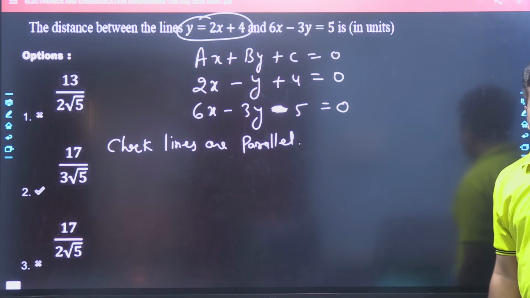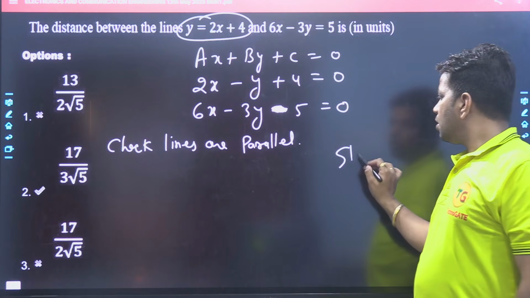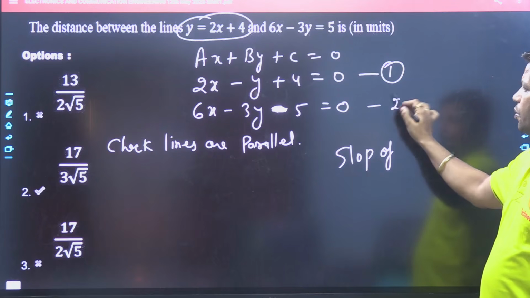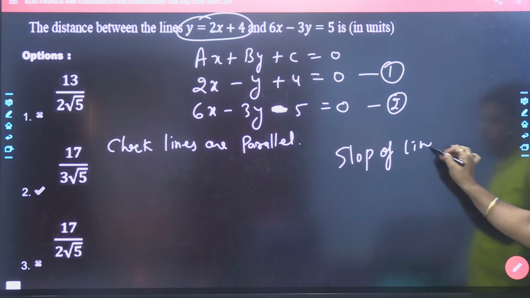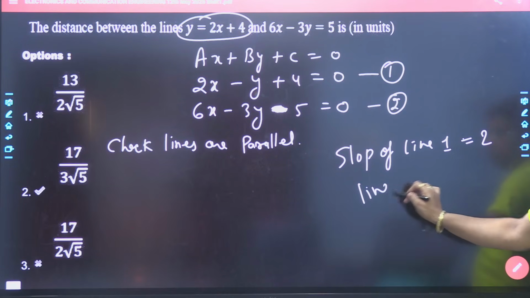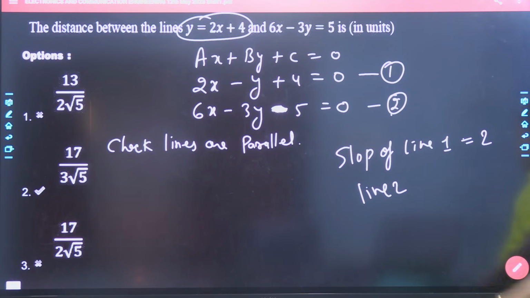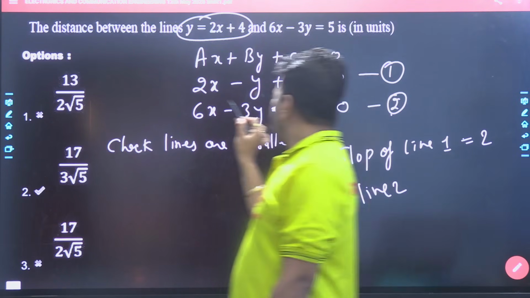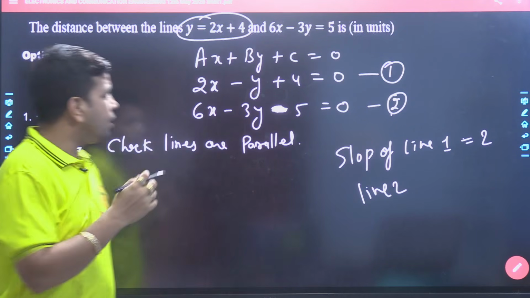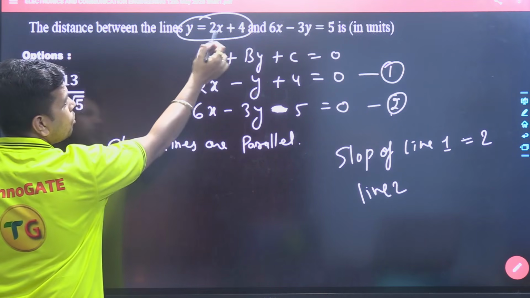So we need to find the slope of line 1. Suppose this is line 1 and that is line 2. The slope of line 1 is 2. And line 2, if we compute the value of y from this: for the first one, y equals 2x plus 4.